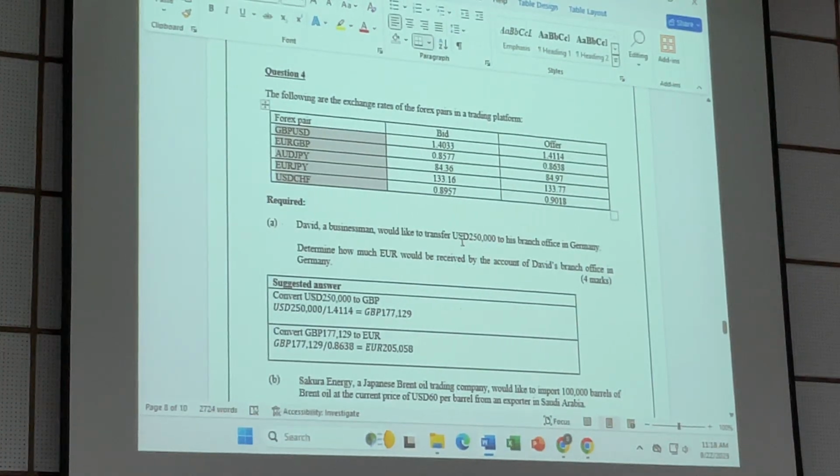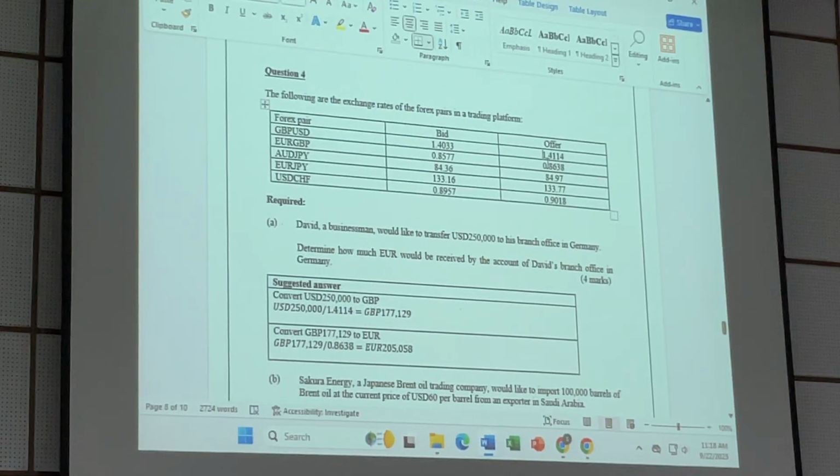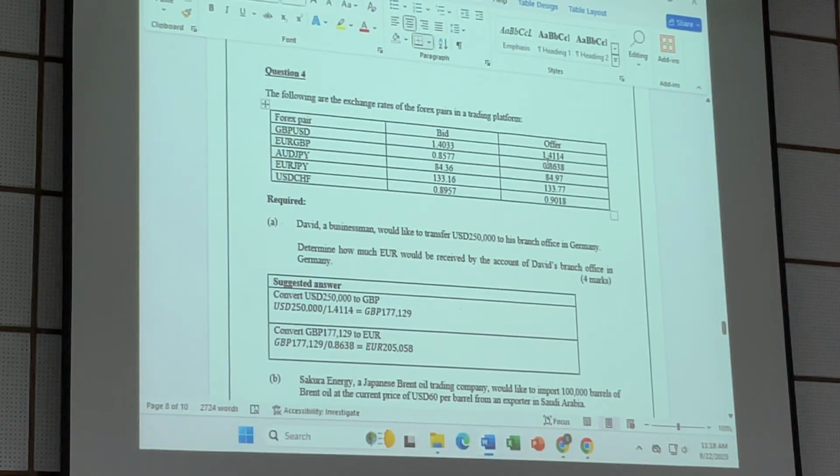Here 250 US dollars transfer to euro, USD to euro. So buy the pound first. After that, buy the euro. This one is 4114 and 8638. So we use these two rates.